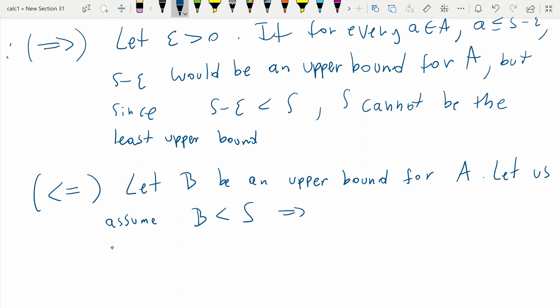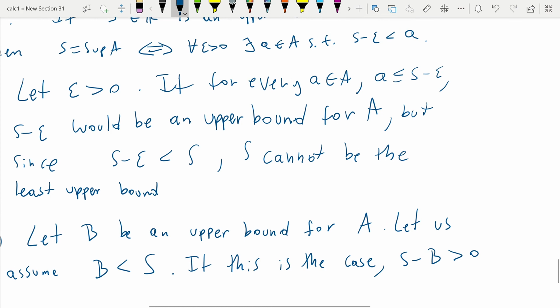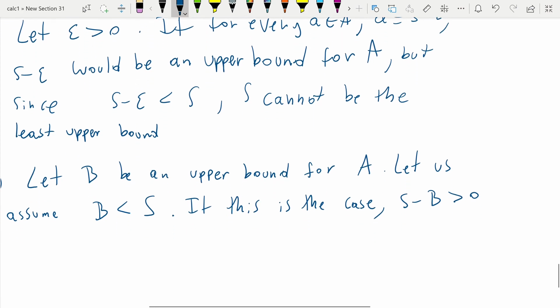This would imply then, if this is the case, that S minus B would be positive.